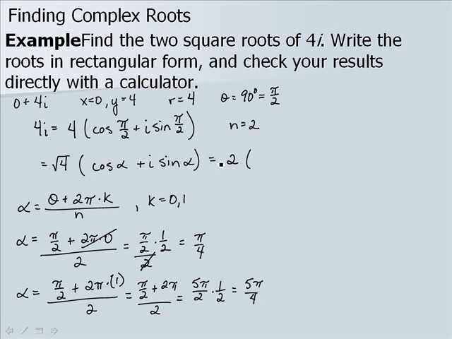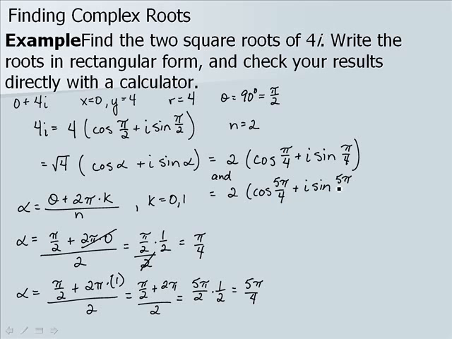So we see that our two square roots are 2 times the cosine of pi over 4 plus i sine of pi over 4, and 2 times the cosine of 5 pi over 4 plus i sine of 5 pi over 4. But we want to convert these to rectangular form, so let's look at our coordinate plane.